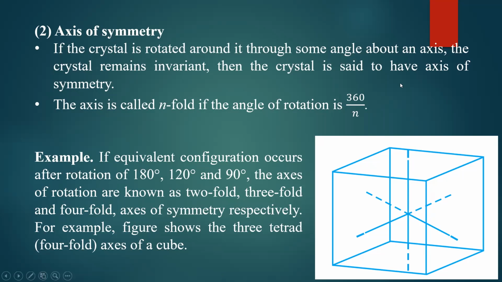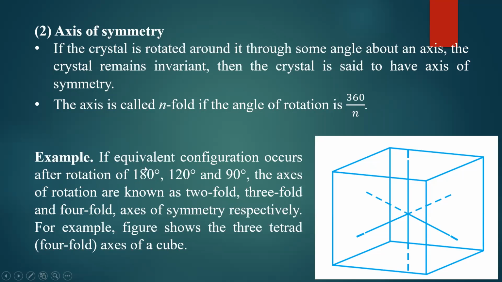Just observe, if it is having 4-fold symmetry, you put n equal to 4 here, 360 by 4, that will give you 90 degrees. So after each 90 degree rotation, you will get the equivalent or identical configuration of the crystal again. That is the meaning of n-fold symmetry. Let us take the example. If an equivalent configuration occurs after a rotation of 180 degrees, 120 degrees, or 90 degrees, the axes of rotation are known as 2-fold, 3-fold, and 4-fold symmetry respectively.